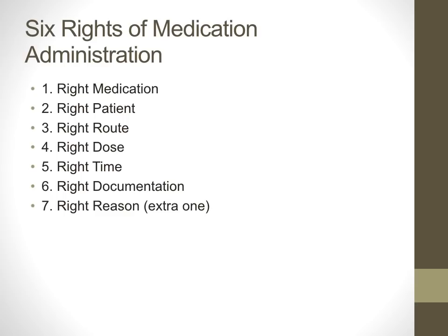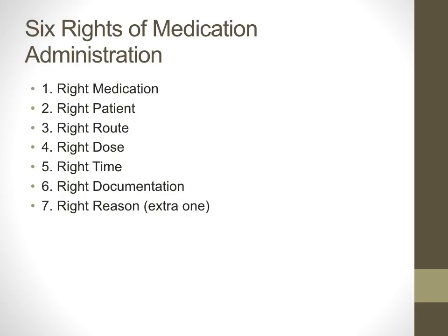Now we're going to look at the 6 rights of medication administration, and I've actually added one. To safely administer medication, you need to check all of these items each and every time you give a medication to a patient. You need to do this for each and every medication you administer.